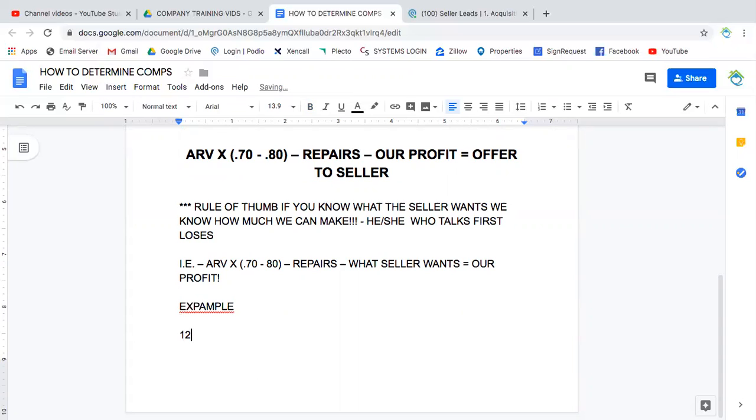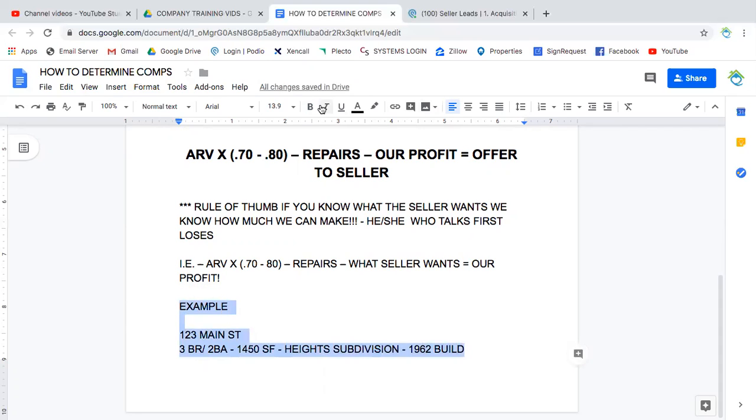Let's say we have 123 Main Street, and the house is a 3-bedroom, 2-bath, 1,450 square feet, in Heights subdivision, and it is a 1962 build. The build means the year that the property was built. Here's our example that we'll use as our subject property.